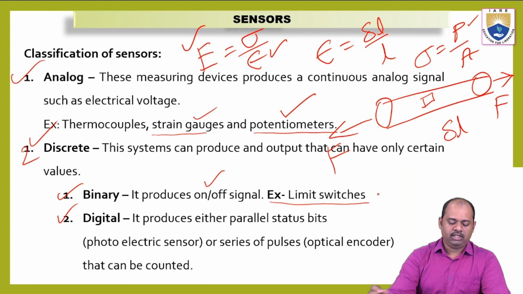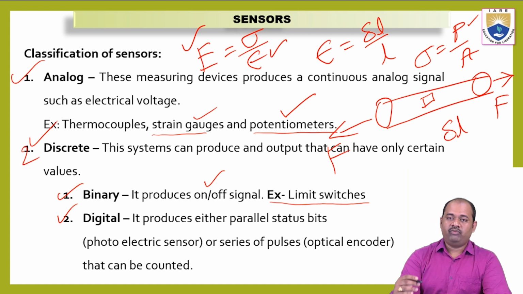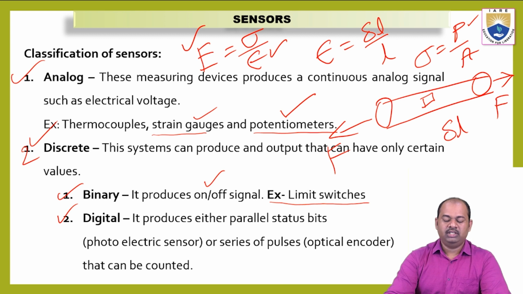And then the second one, digital sensor, which produces either parallel status bits or a series of pulses. It produces a series of pulses which can be measured and which can be taken as feedback from the machine.